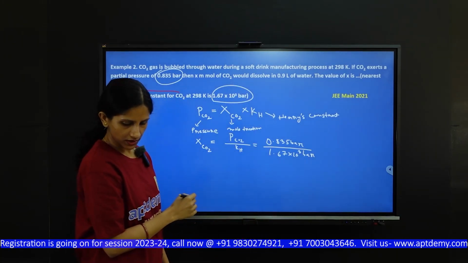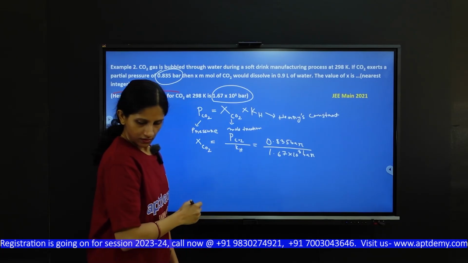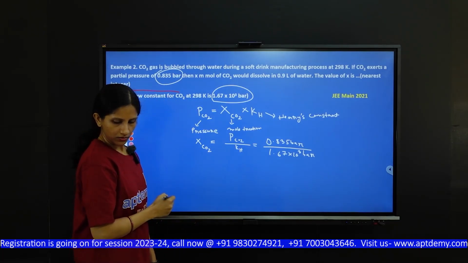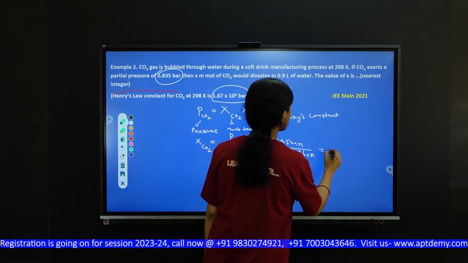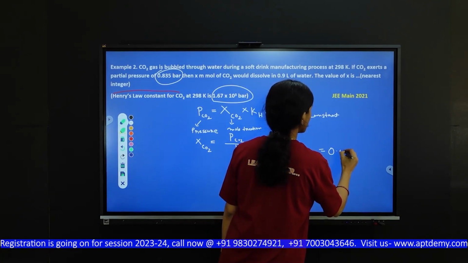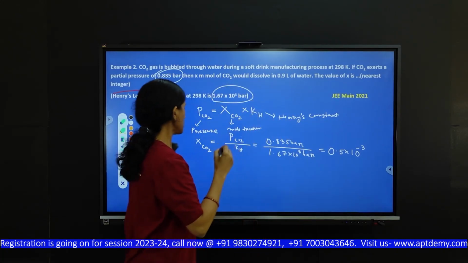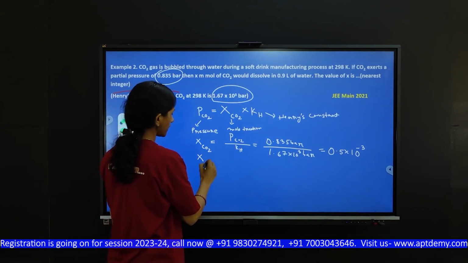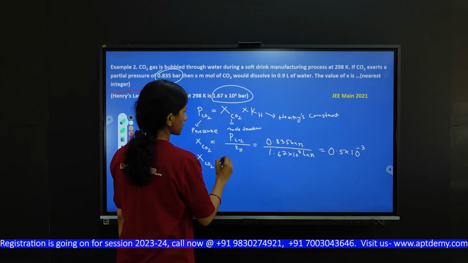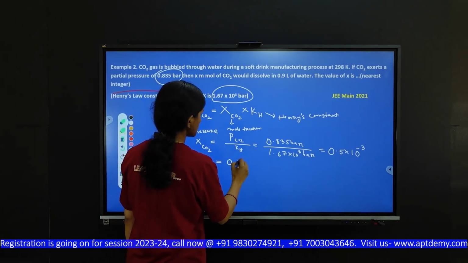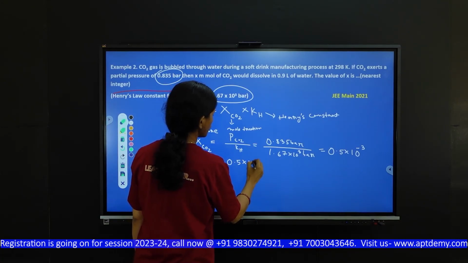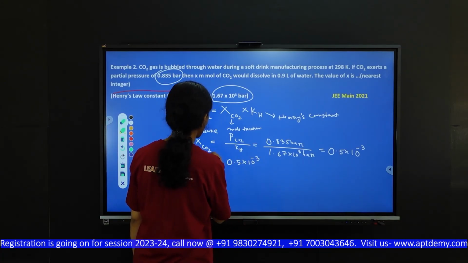Now if you calculate, it will come out as 0.5 times 10 to the power minus 3 as your XCO2, that is, the mole fraction of CO2 is 0.5 times 10 to the power minus 3, right?